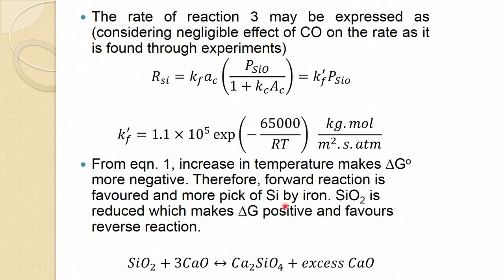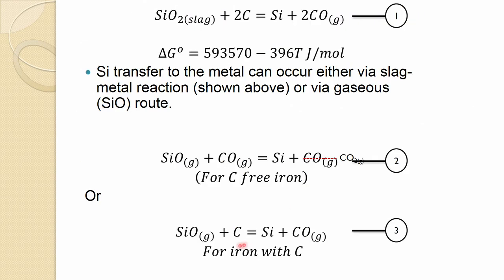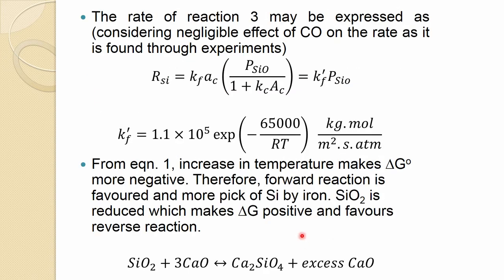So, the rate of this third reaction, which is possible, is expressed as follows. So, this is the rate of reaction, and this is the rate constant, the activity of carbon, and the cross sectional or interfacial area.